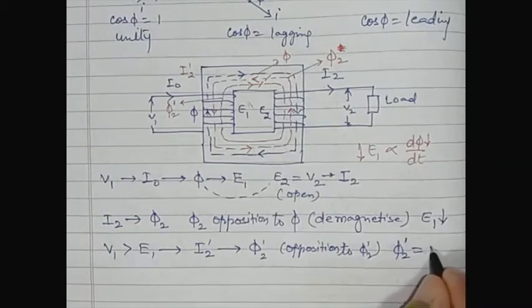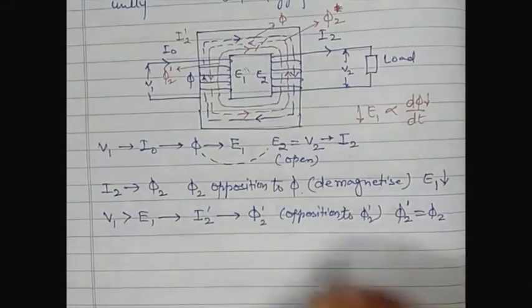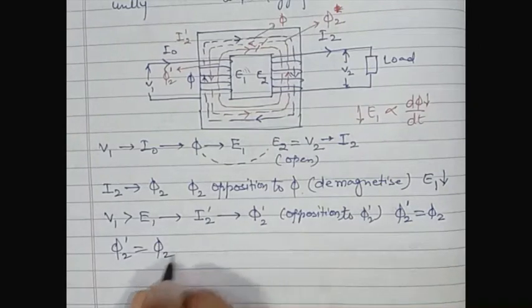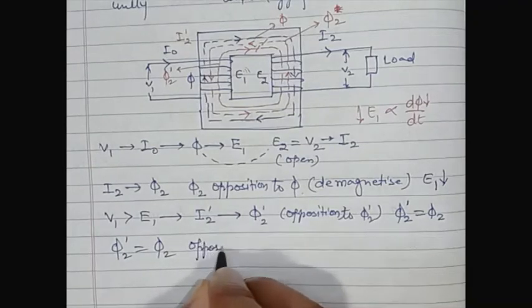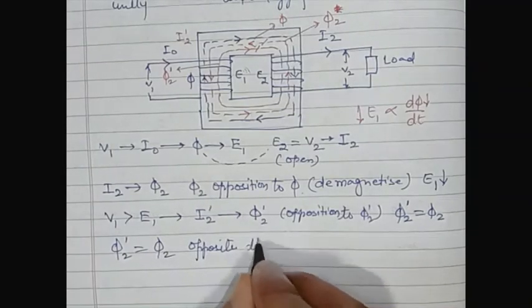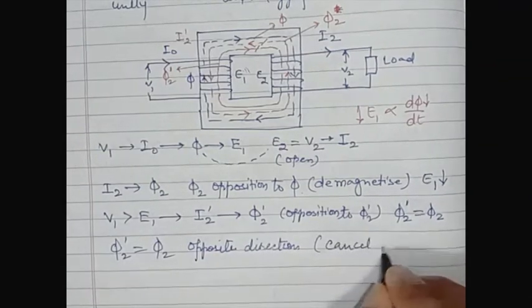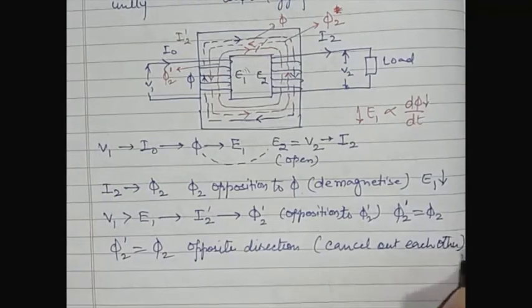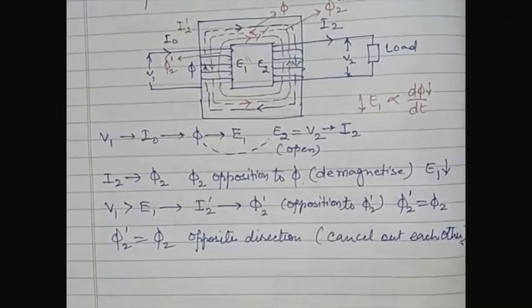Phi 2 dash and phi 2 are equal in magnitude but opposite in direction, so they cancel out each other. This is the basic summary of the transformer on load.